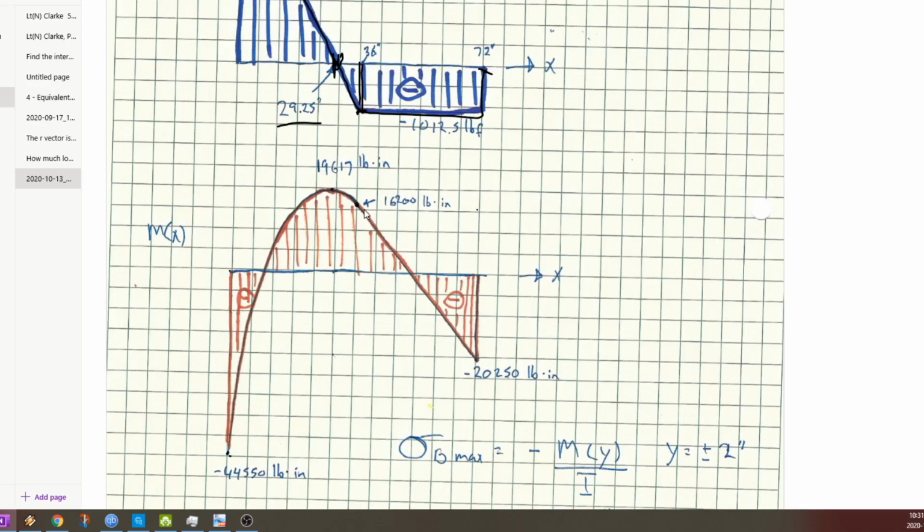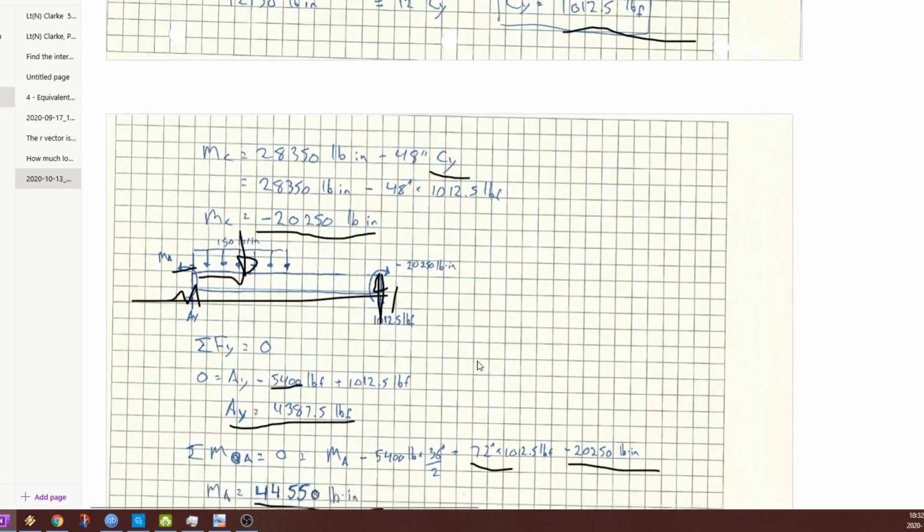So I'll plug that in here. 16,200 minus 1,012.5 times 36 inches gives us, oh hey, we're back down to here. 20,250 pound inches. So we're back down to here, and then we hit our reaction.